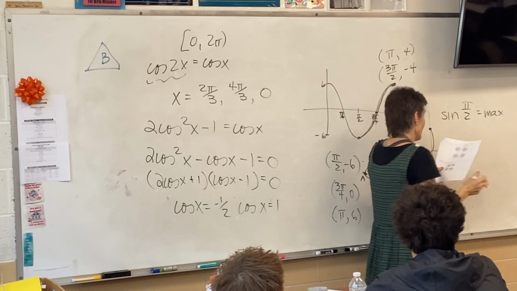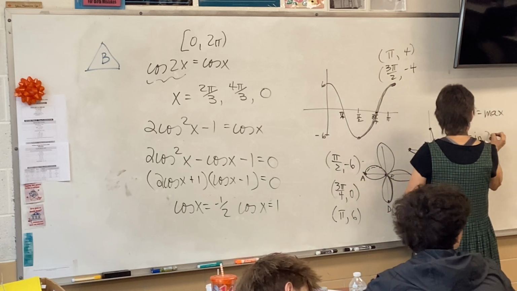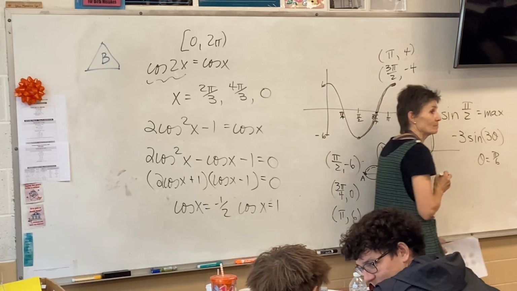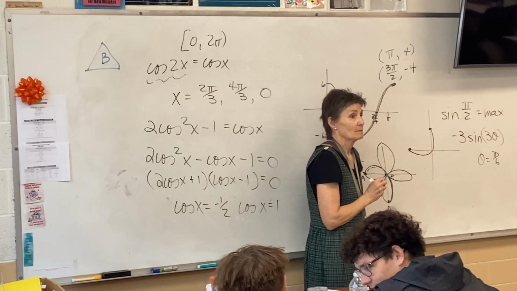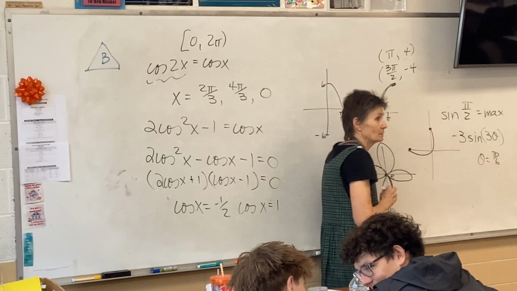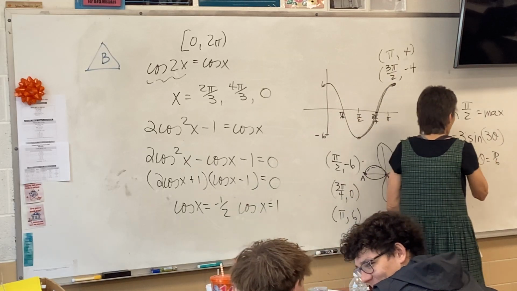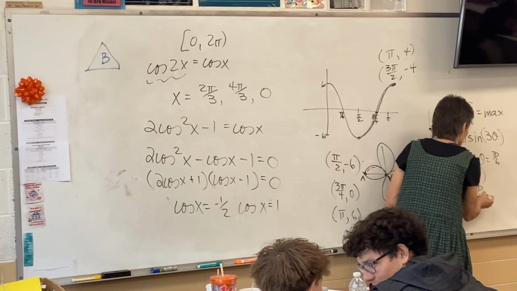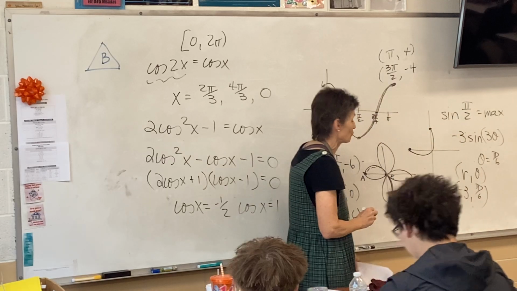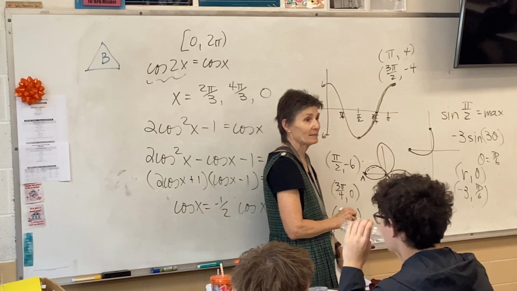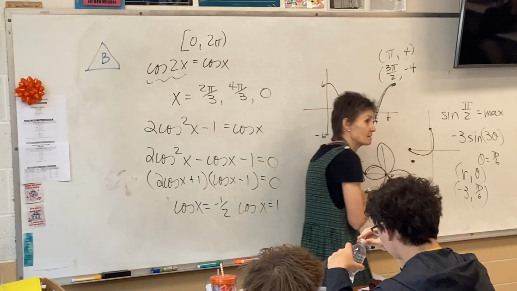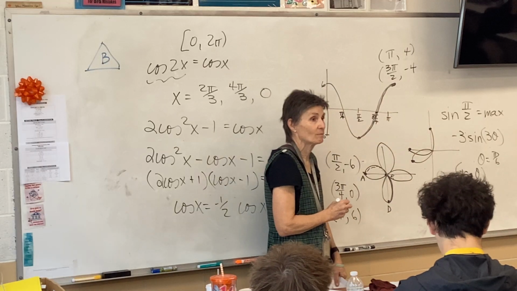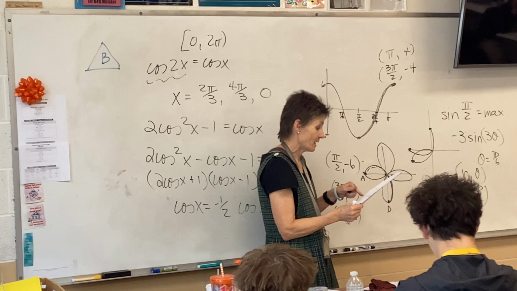So the maximum for this equation would have to happen where theta is pi over 6, because that would make pi over 2. That would be the point r comma theta, negative 3 pi over 6. Where is negative 3 pi over 6 going to get plotted? 7 pi over 6. So you have to have a rose at 7 pi over 6, or a petal at 7 pi over 6. And the only one there that does is C.